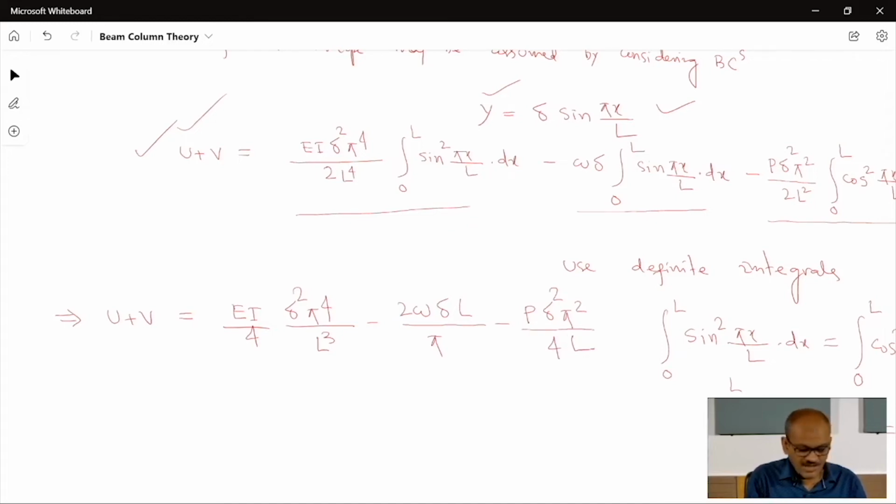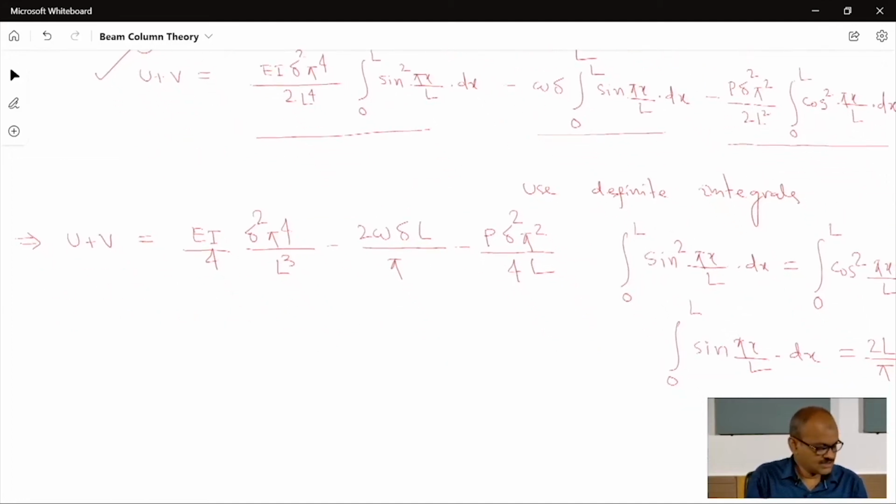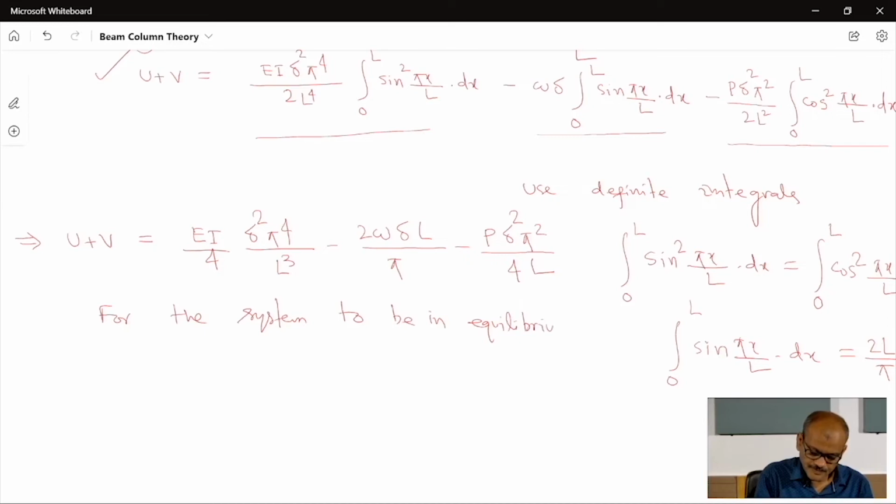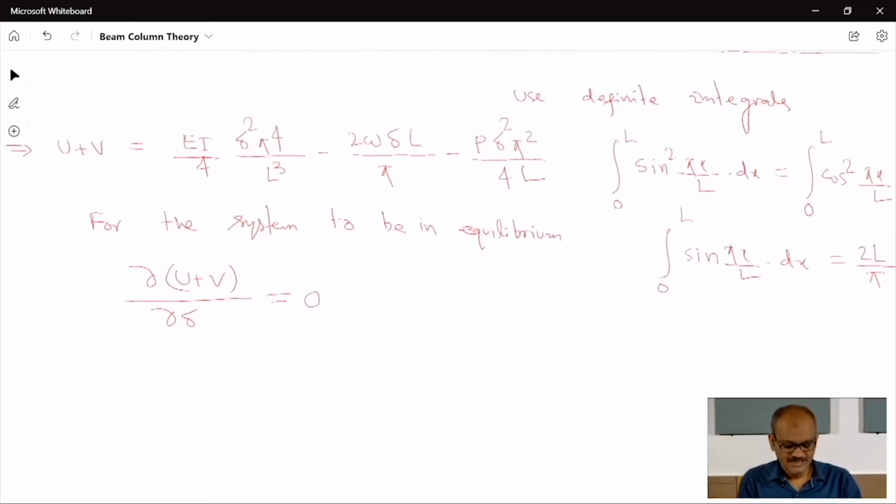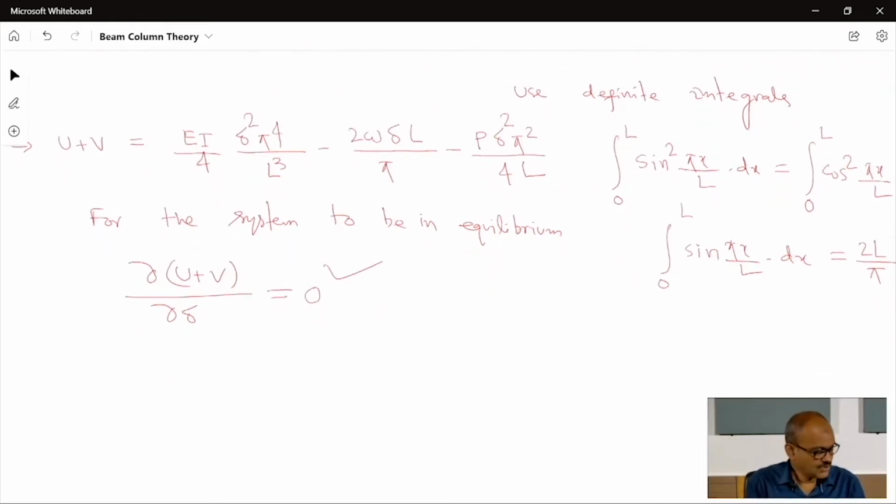For the system to be in equilibrium, delta of u plus v by delta of delta is equal to 0. This is the Rayleigh-Ritz method. This is the minimization of the total potential energy.